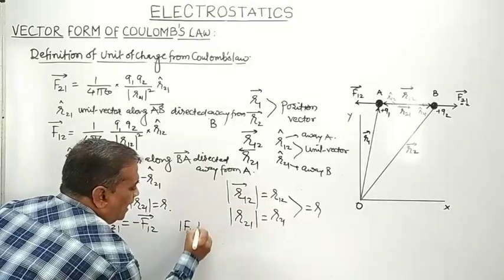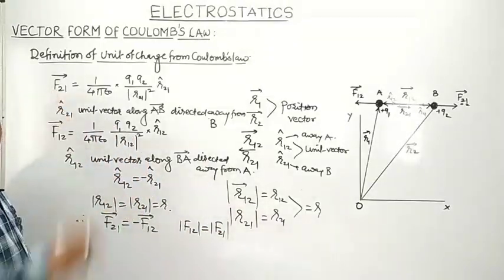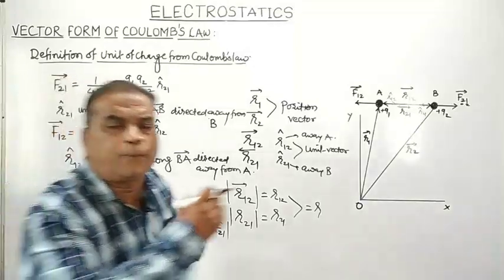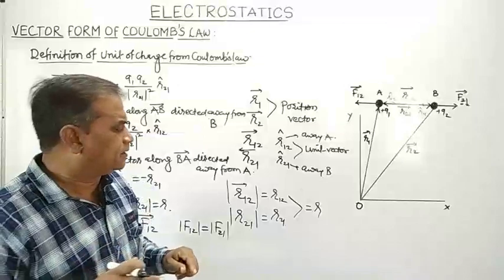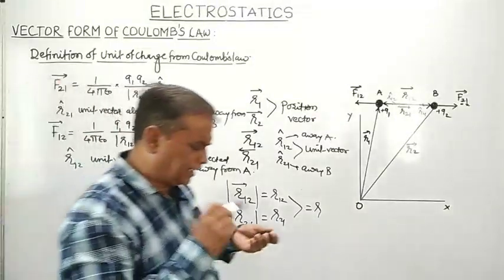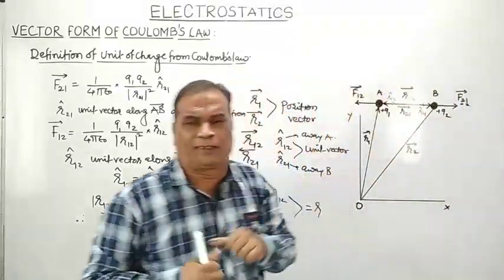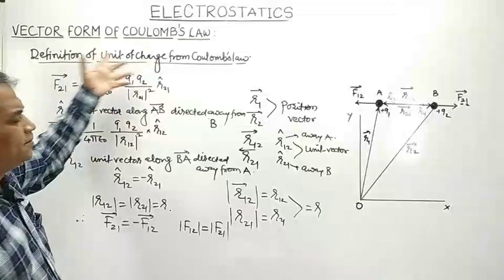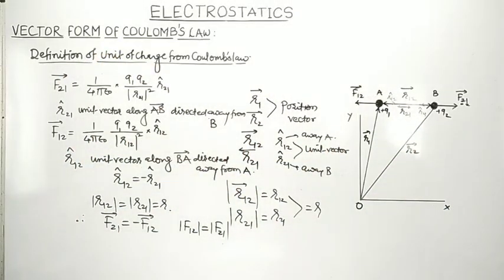The two forces are equal in magnitude, and this negative sign indicates they are opposite in direction. So this is the vectorial form of Coulomb's law. You can express the force of attraction or repulsion between the two point charges even in the vectorial form. Now we will see what the superposition theorem is.